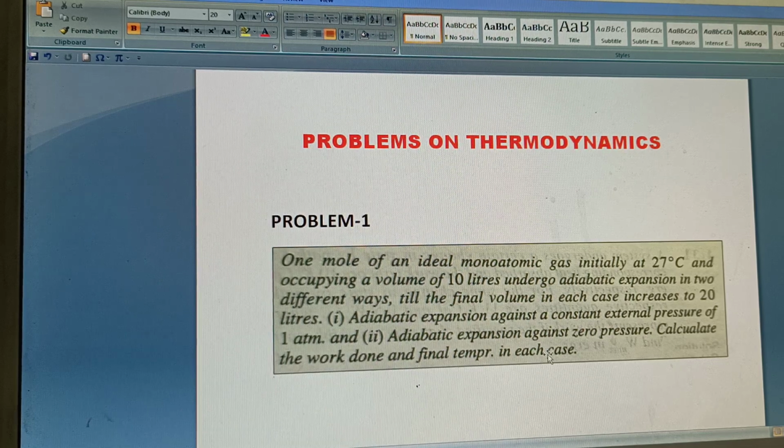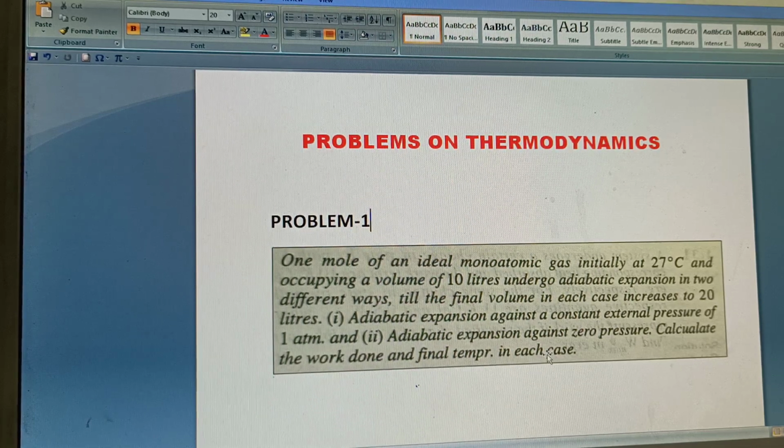Okay, so for solving this type of problems on thermodynamics, you have to first carefully go through the problem and find the conditions. The first condition is that the process is adiabatic expansion, and the data given is 1 mole.